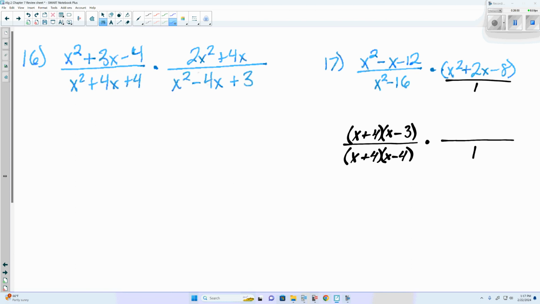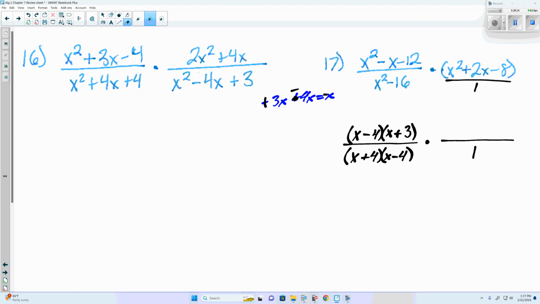And we can check this here. X times negative 3 would be negative 3x. 4 times x would be plus 4x, giving us a positive x. So we need to switch the signs. Because now it would be positive 3x, negative 4x, giving us a middle term of negative x.